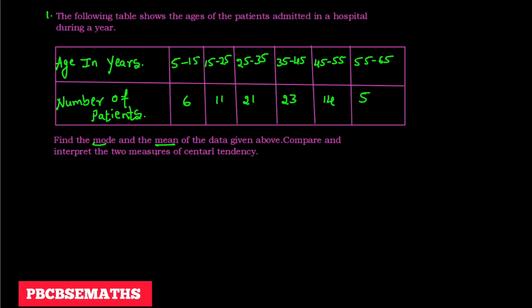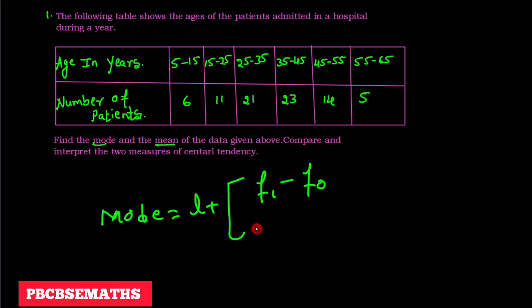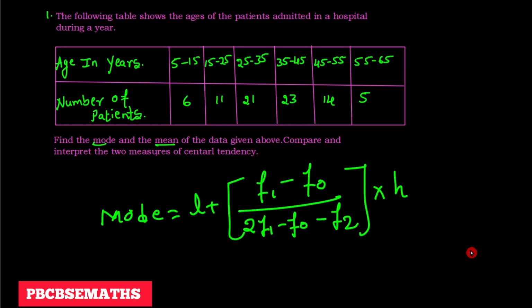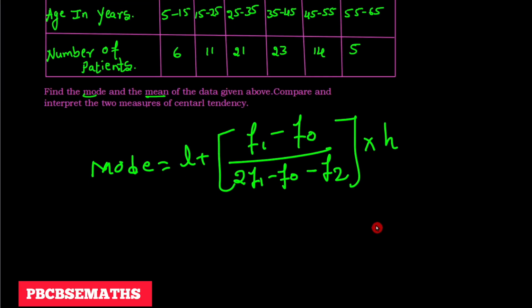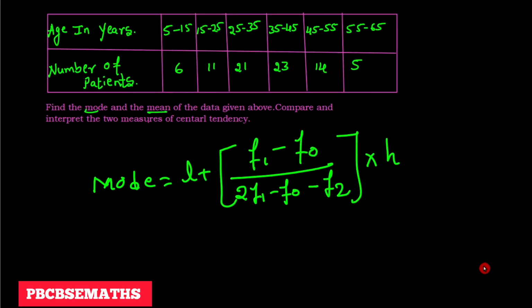So, mode of the data is equal to L plus f1 minus f0 divided by 2 times f1 minus f0 minus f2, into class size. So we need to find out the values of L, f1, f0, f2, and the class size first.